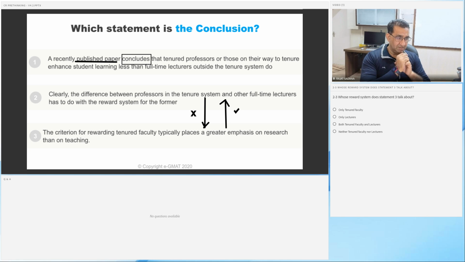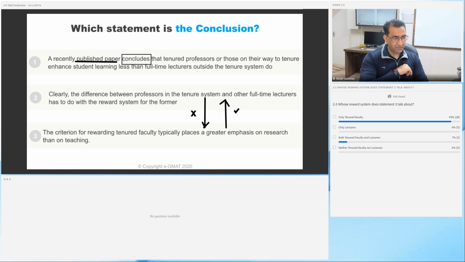Whose reward system does statement 3 talk about? Let's get to the same 27 here. 27, 28, perfect. 29, one shy of 30, but most of you got it right. Actually, we got 30. Statement 3 talks about just the rewards for just tenured faculty.